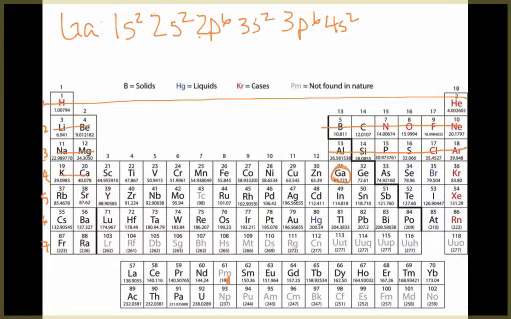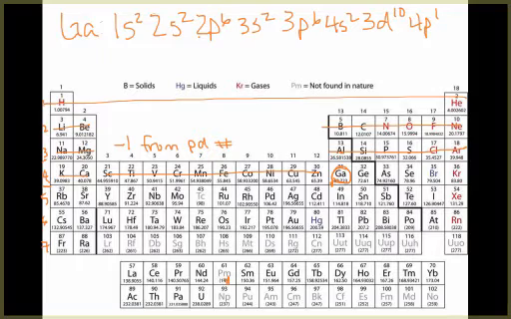Now when you go into the D block, because of the filling order, you subtract 1 from the period number. The period is 4, so when I go here into the D block, I'm actually going into the 3d. So 3d10, because I'm going all the way across. And then back over here, I hit the P block again, and I go back to my original number, which was 4p1.